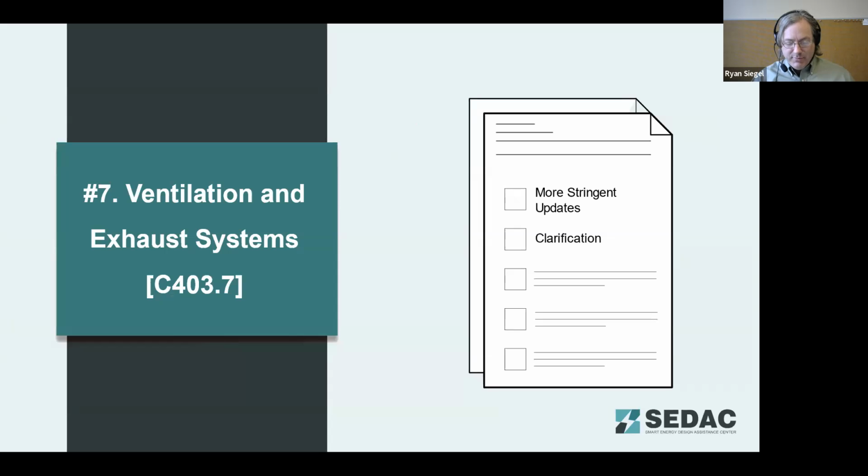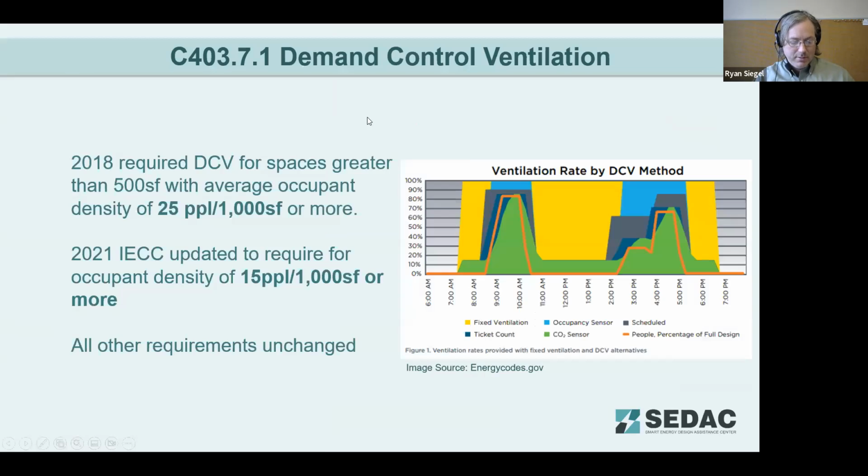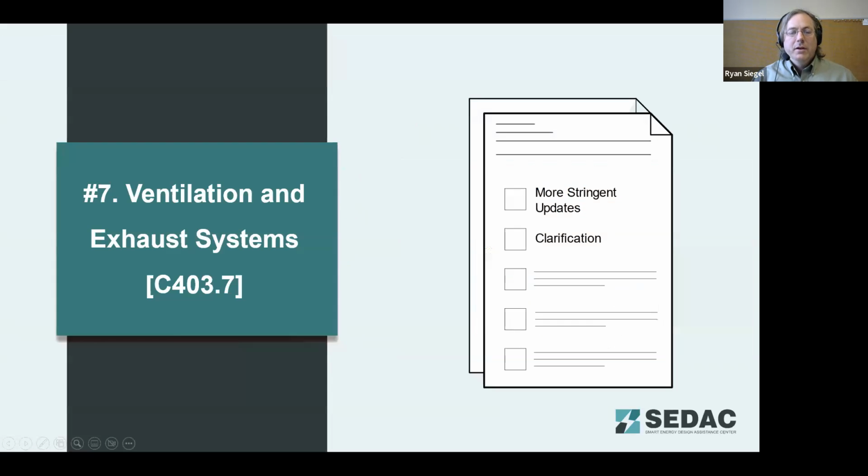With that, I believe we've got another poll question. Looking at the 2021 IECC, the 2021 IECC does not allow heat pumps to operate the compressor and supplemental heat at the same time. True or false? And number two, why are VRF systems exempted from the economizer requirements?